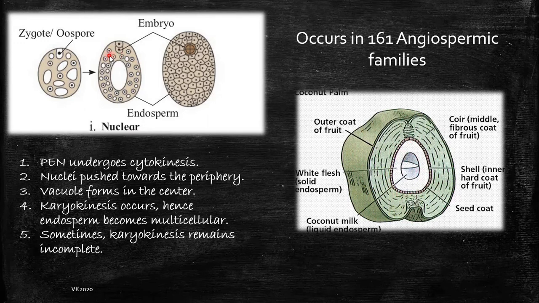These peripheral cells have formed the cell wall, and in the central region we have liquid endosperm. This is formed due to the deposition in the vacuole, and these cells did not form any cell walls. It is seen in about 161 angiospermic families.